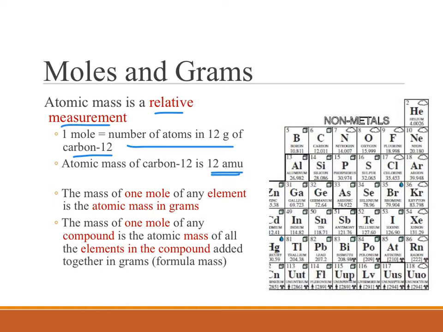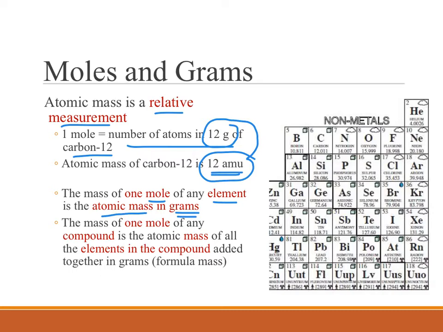So the mass of 1 mole of any element is the atomic mass in grams as the unit. Because we see here our atomic mass of 12 atomic mass units is the same as 12 grams. The number is the same, but the unit has changed.